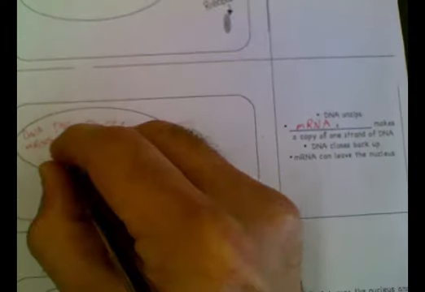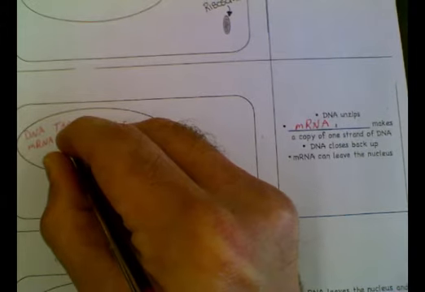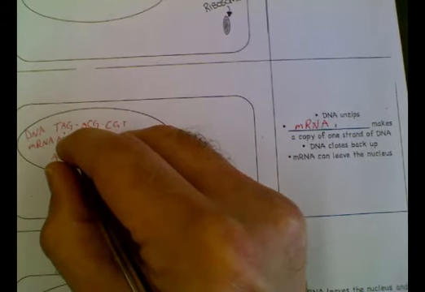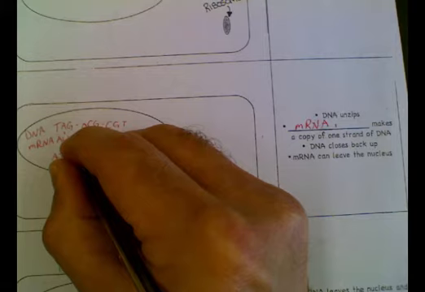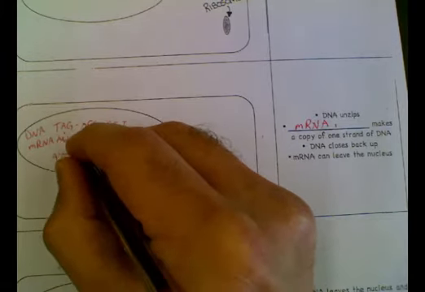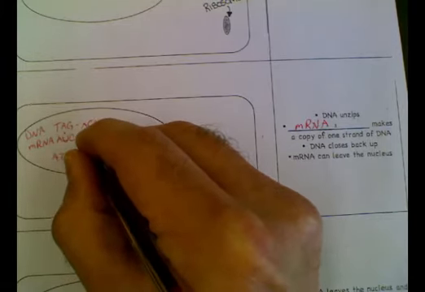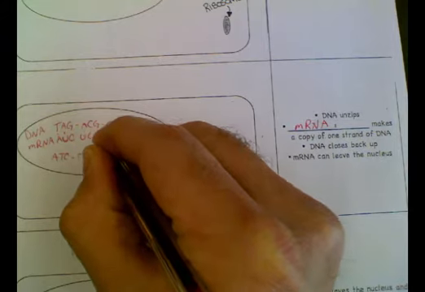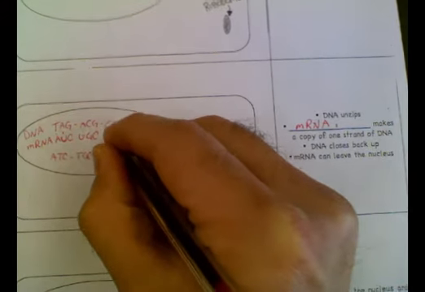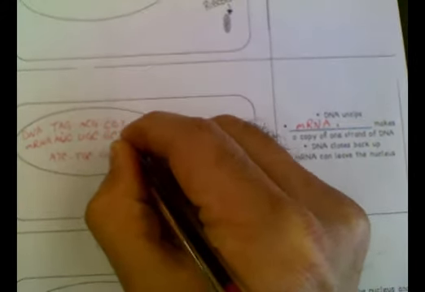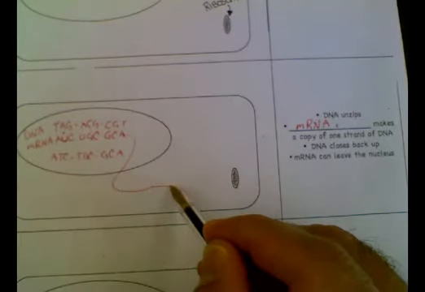T will get matched up with A, will get matched up with, this is mRNA, so it will be a U. Pause the video and see if you can make the match on your own. The final bullet point says DNA closes back up and mRNA can leave the nucleus.